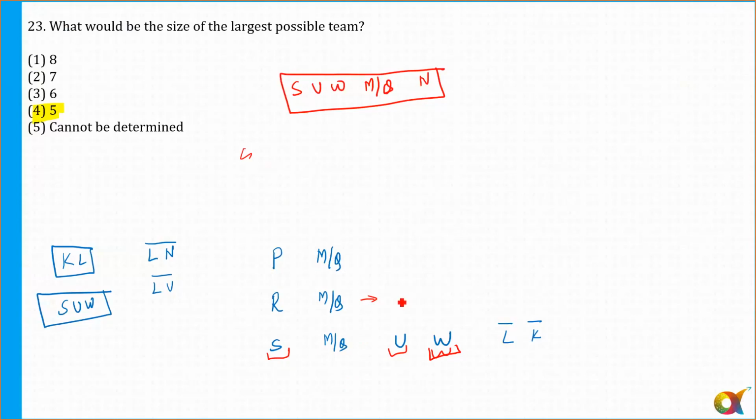You have taken S, you have taken U and you have taken W also. But tell me, R and S can't come together, right? It is already given. Among P, R and S, only one of them can be there. So that's why I made three different cases. If P is there, R and S can't be there. So how can you take S again? So that's why the answer is option number 4.